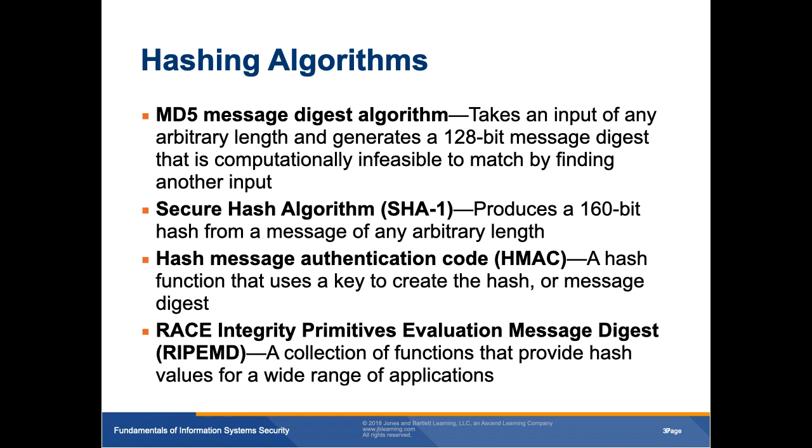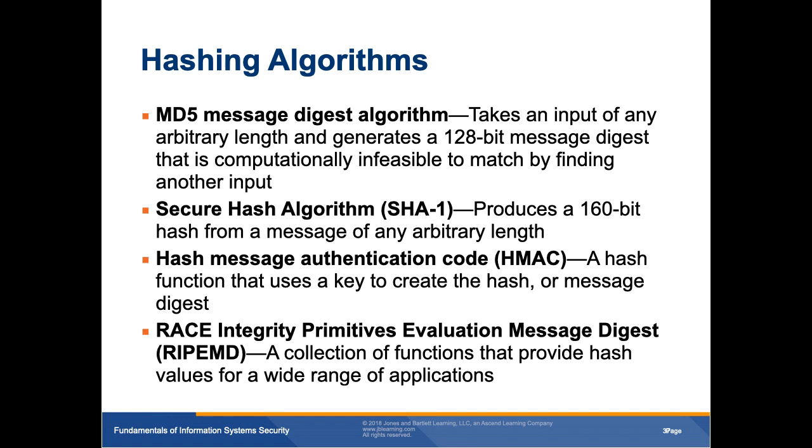Hash message authentication code, or HMAC, is a hash function that uses a key to create the hash or message digest, and these are used in a lot of authentications for API calls, for application programming interfaces.